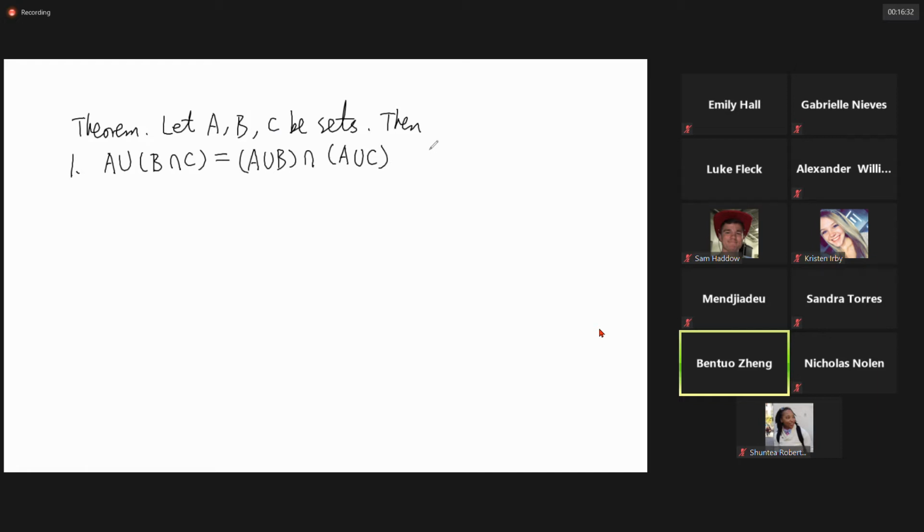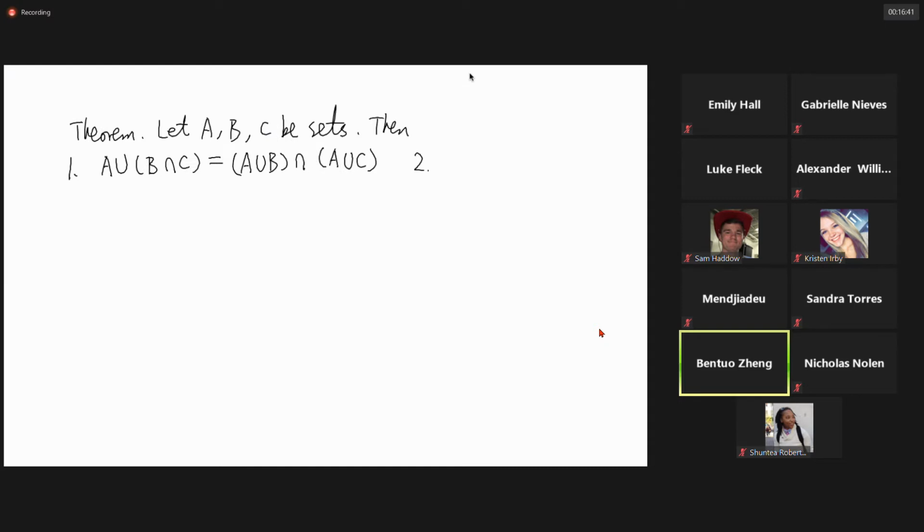And the second is A intersect (B union C) is equal to (A intersect B) union (A intersect C). Okay, we want to show these two results.